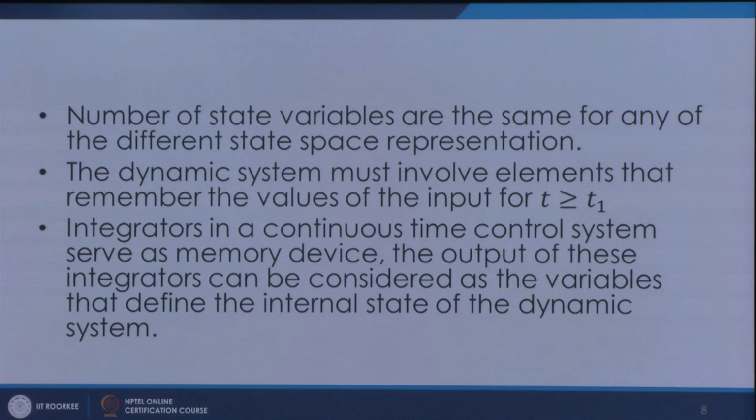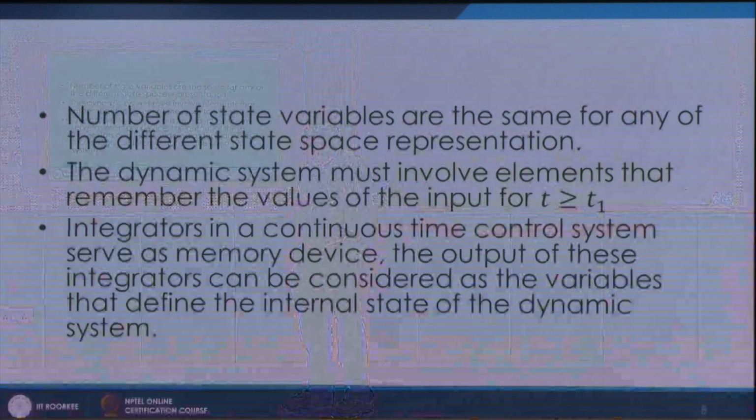So, you may have a different way of representing the system, but the number of state variables has to be the same. And the dynamic system must involve elements that remember the values of the input for t greater than or equal to t1. So, the question is how to select the state variable, or what should be the state variable.